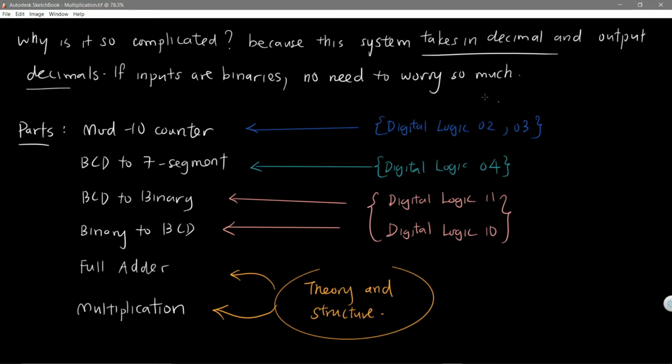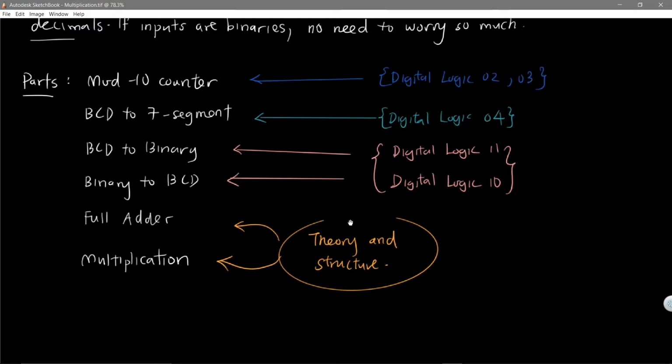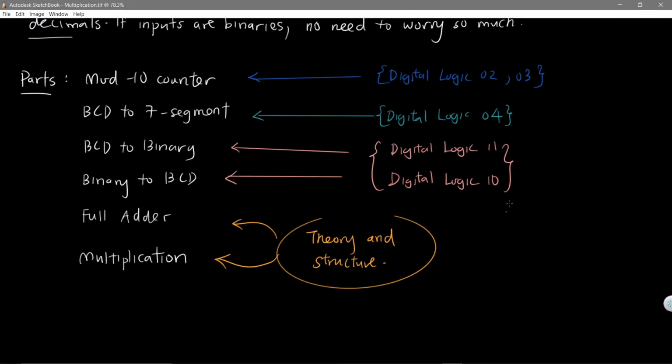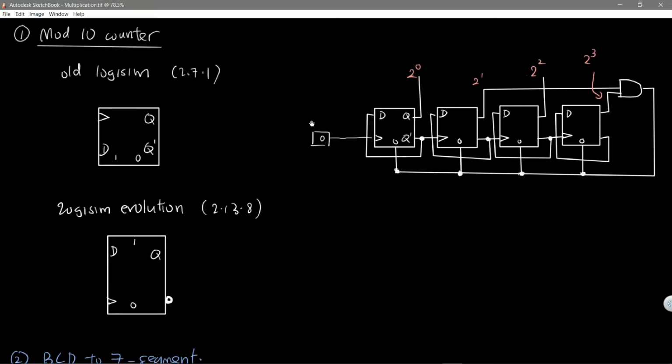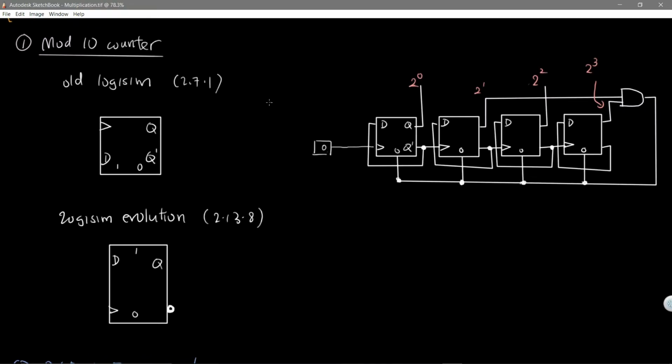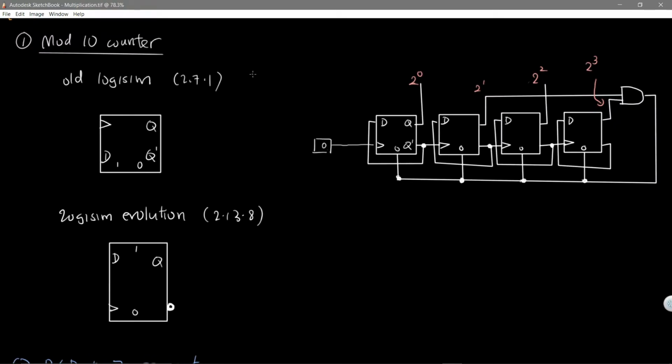Right, so their names are here already. So don't worry, I will explain about their structures in this video as well, but just not the theory of it. Else, if I'm going to explain all the theories and the structures, this video is going to take hours and hours. Alright, so let's start out the first part with a mod 10 counter.